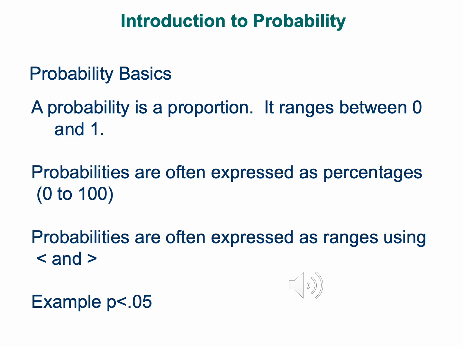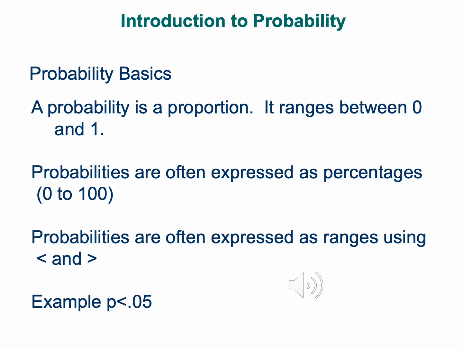Probability in the normal curve. Here in this slide is a summary of what we learned about probability so far. It's important to keep these points in mind as you think about the normal curve and using it for probability judgments. First, probability is a proportion. It represents a division. It ranges between 0 and 1, so probabilities are always expressed as between 0 and 1.